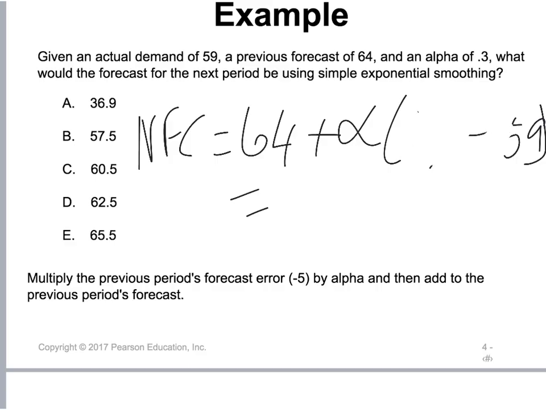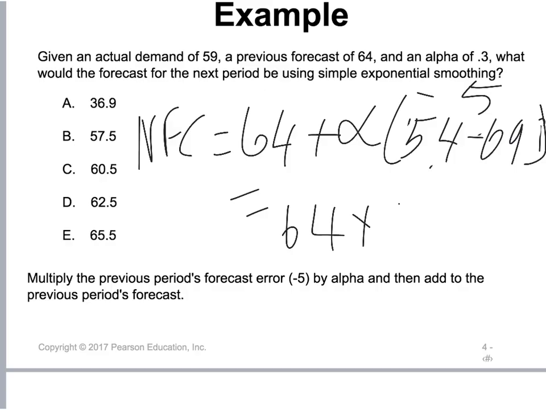Sorry about that. It's 59 minus 64, which comes out to minus 5. So it's 64 plus alpha, which is 0.3, times minus 5. And whatever that comes out to.